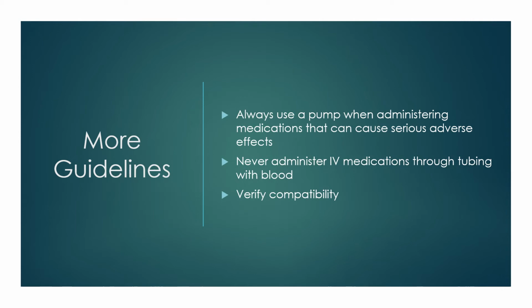But if it touches inside the IV line, it isn't compatible with the medication, it could cause precipitate to form. So meaning those two medications mixed together could have a chemical reaction and could crystallize. And then those small crystals that form inside the line could be administered to the patient, and that could be very dangerous. So before giving medications, you should always stop and think, is this compatible?